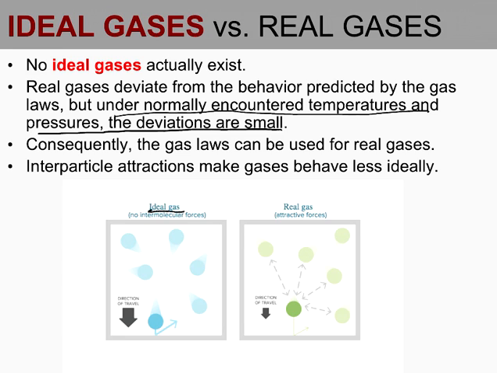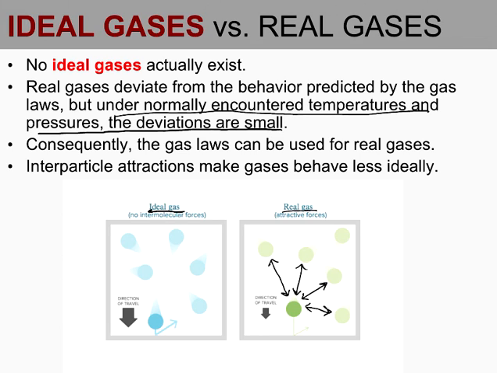But real gases do have some attractive forces that exist between molecules or particles. So you can see here there's some attraction between this gas molecule on the bottom and the gas molecules surrounding it. So that is not ideal behavior because we could potentially have some interactions between those gases, which could affect the pressure or maybe the volume of the gas.